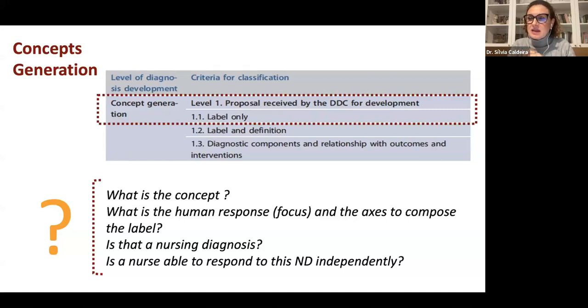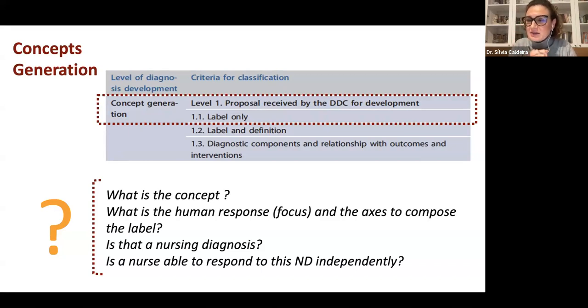And you can say, okay, I think this is a nursing diagnosis and I have a label for that. So what is the concept you are talking about? What is the human response and the axis to compose those labels? And please be aware that the new book will bring a new structure for the axes, and you should be aware of that. Is there a nursing diagnosis?